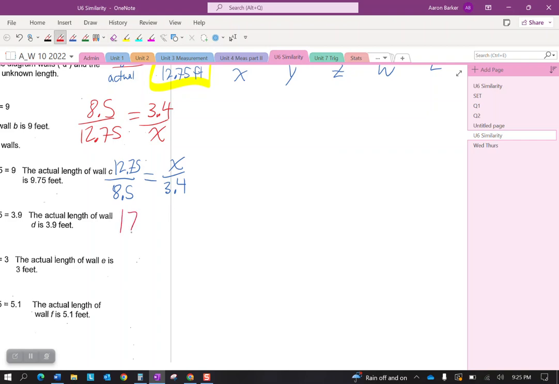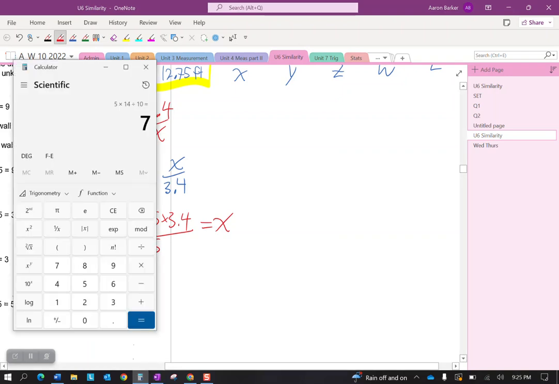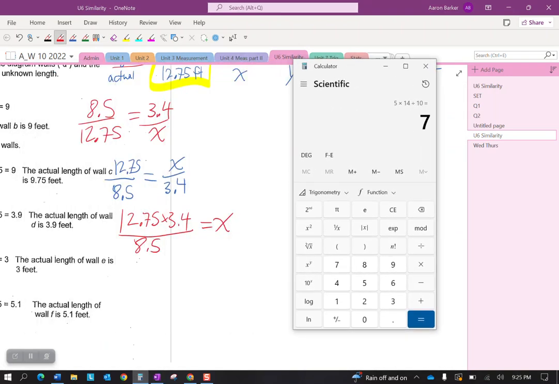Instead of dividing by 3.4, we bring it up and we multiply by 3.4, and then divide by 8.5. Go ahead, use your calculator and find an answer.